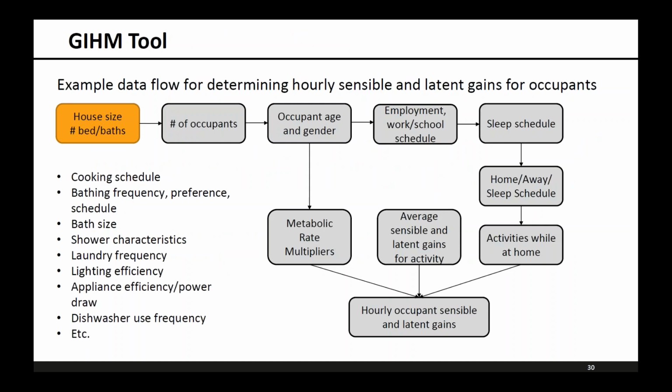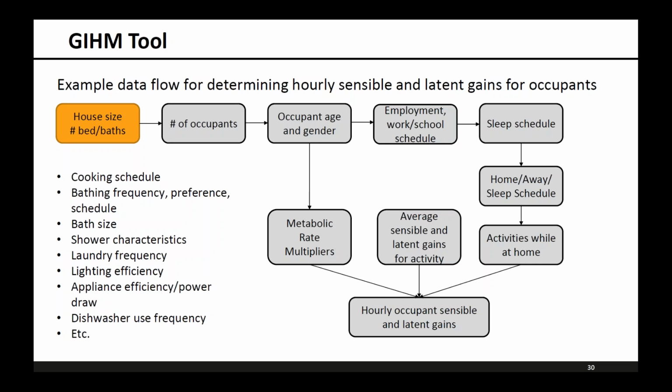So on this slide, I'm going to walk everyone through the flow of the GIM tool for the sensible and latent gains for occupants. So this is just specifically for sensible heat given off from humans and latent load due to perspiration, respiration.